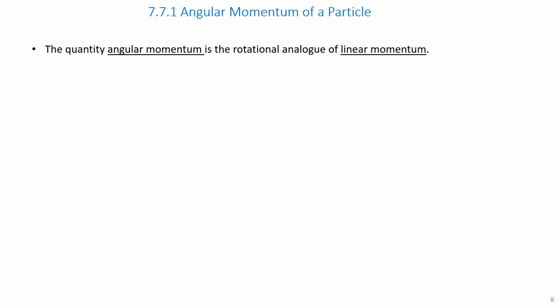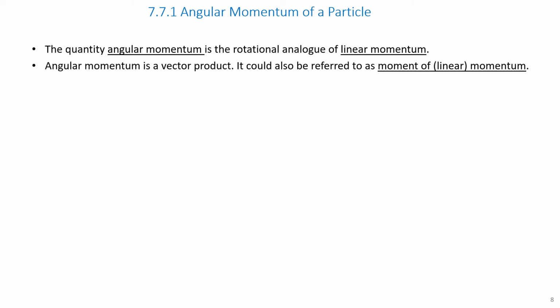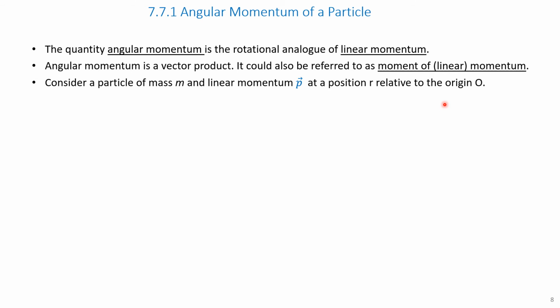Let us start with angular momentum. The quantity angular momentum is a rotational analog of linear momentum. Angular momentum is a vector product. It could also be referred to as moment of momentum. Please underline moment of momentum, that is moment of linear momentum.